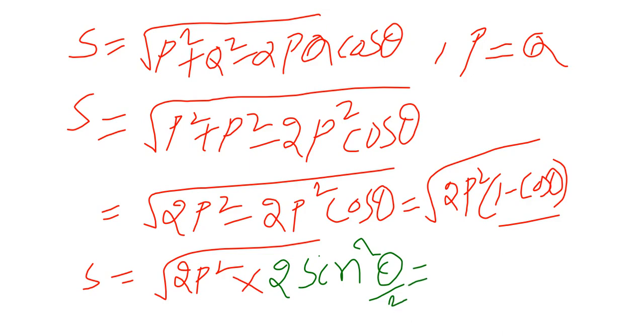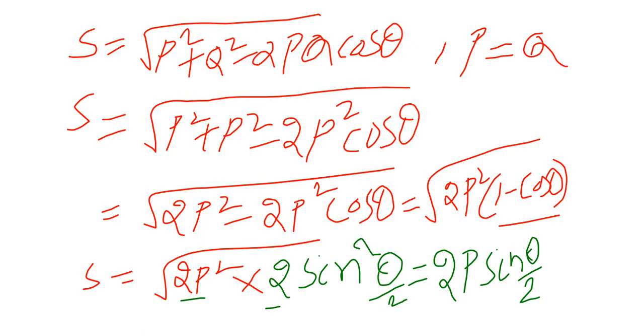This is the case when the magnitudes of these two vectors are equal. So when the magnitudes of the two vectors are equal, the magnitude of the subtraction is 2P sin theta by 2.